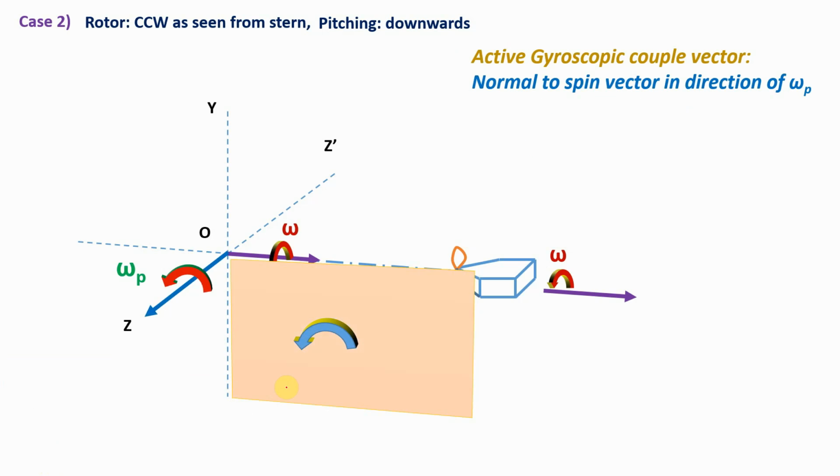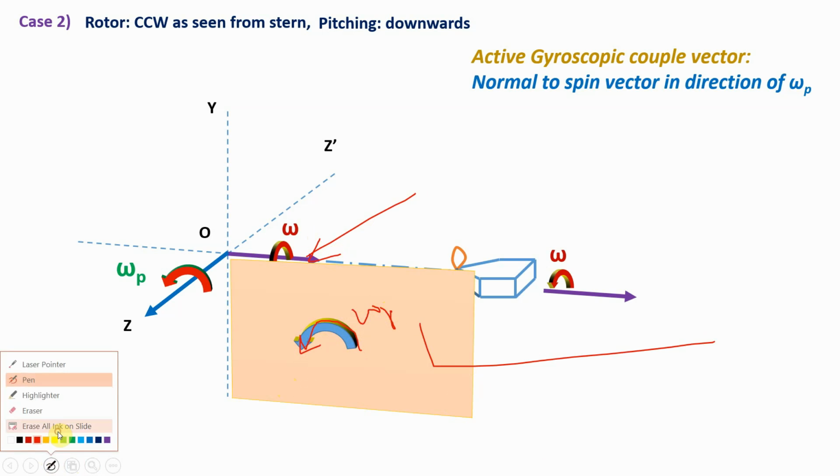Now to find out the direction of active gyroscopic torque, we again rotate the spin vector in the precession plane XOY dash, the vertical plane, by 90 degrees in the direction of precession velocity omega p. So let us do that.